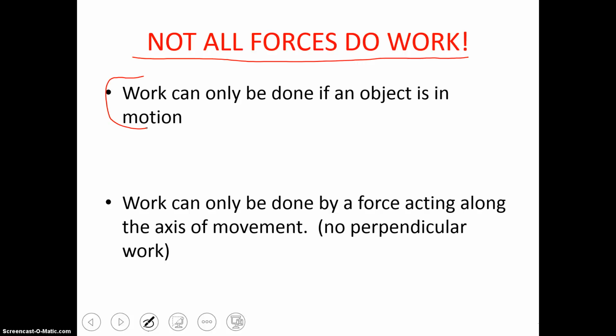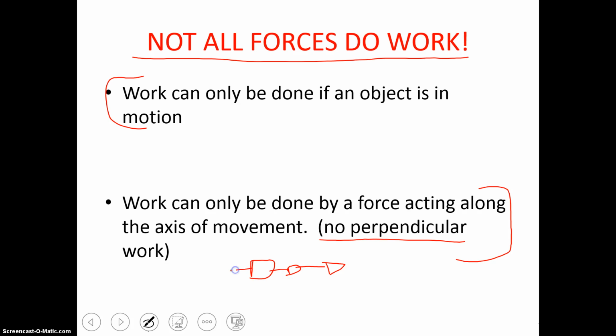And then a second key point is that work can only be done by a force acting along the axis of movement. No perpendicular work. So what that means is if an object is moving to the right, a force acting to the right could be doing work.